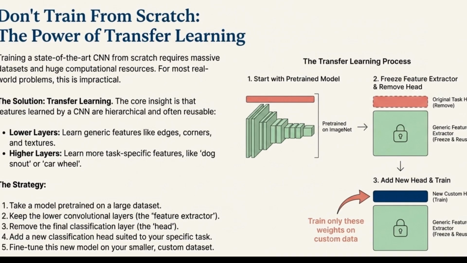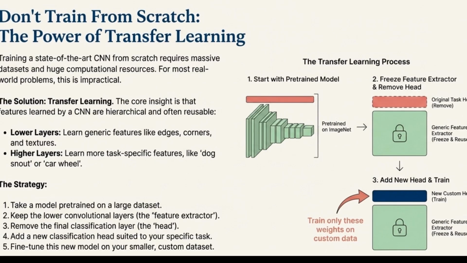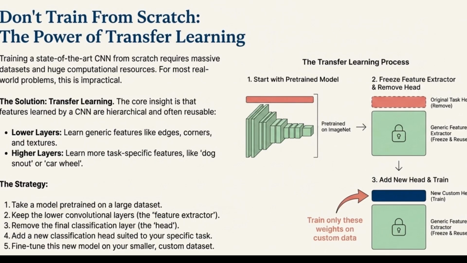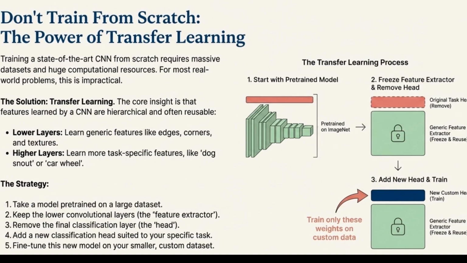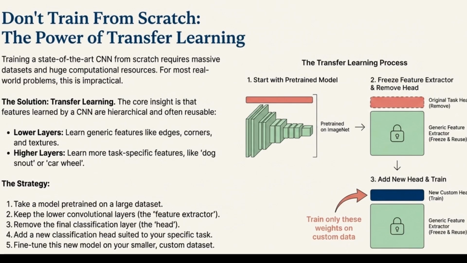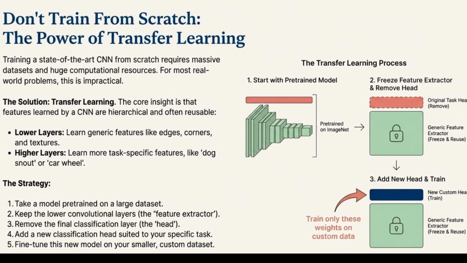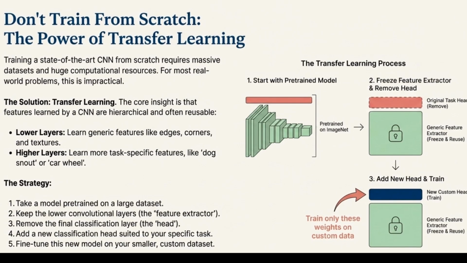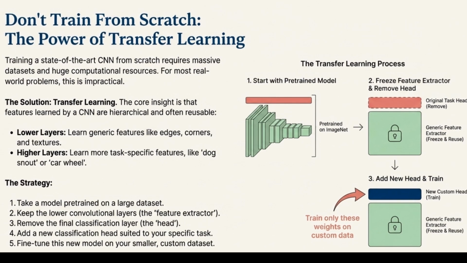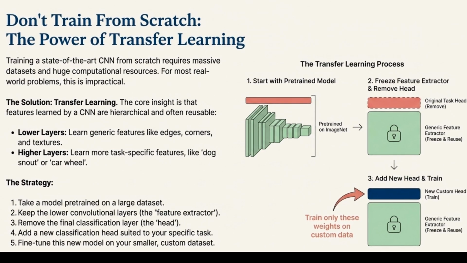The transfer learning strategy, illustrated in the process flow, takes advantage of this. We start with a model pre-trained on a massive dataset, typically ImageNet. We then freeze the lower convolutional layers, which act as the reusable, generic feature extractor, protecting those valuable learned weights.